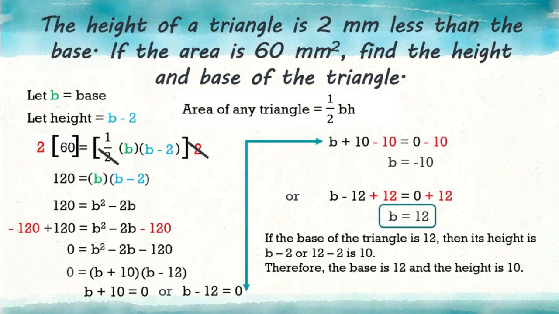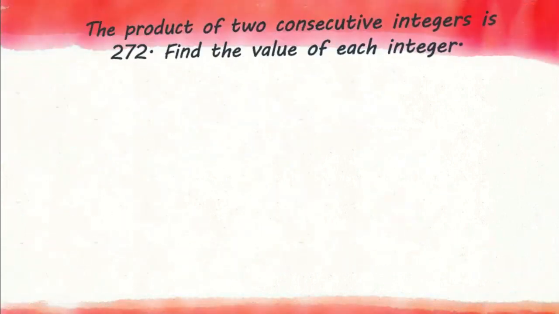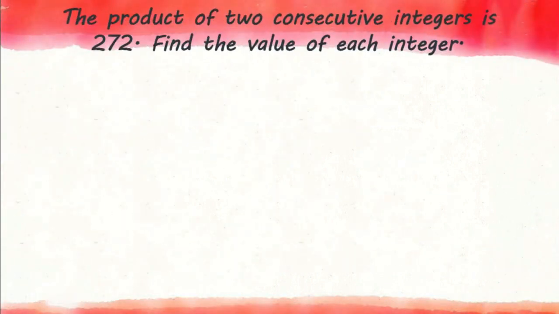Let us have another example. The product of two consecutive integers is 272. Find the value of each integer. Let us define the variables.